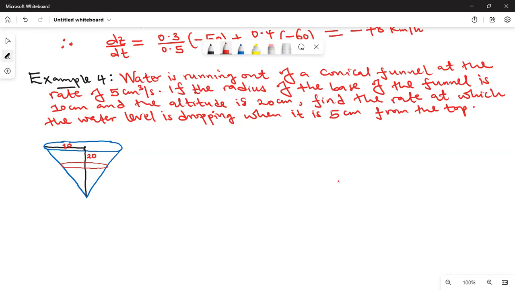So at any time t, let the radius be r and let the height be h. This is h, height, and this is radius r.